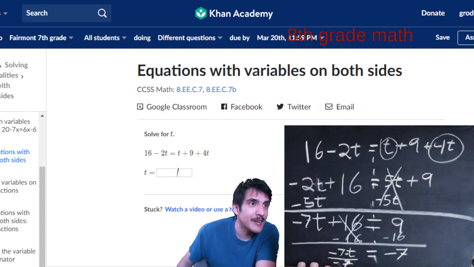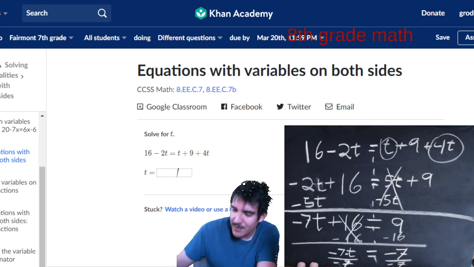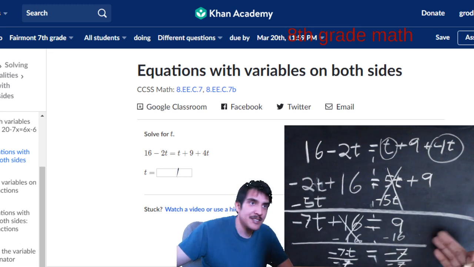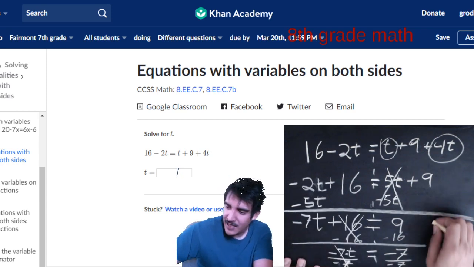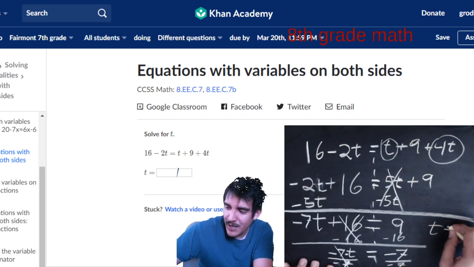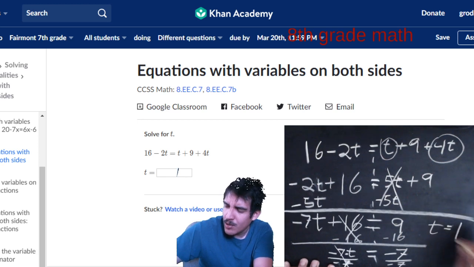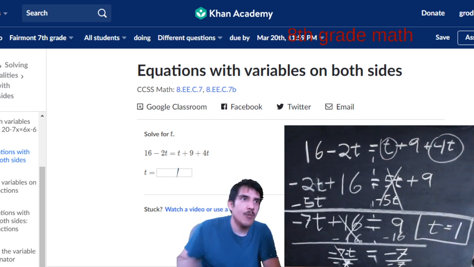So that's divided by negative 7, divided by negative 7, and I'll write my answer right over here. We are left on the first side with 1t, and on the second side, negative 7 divided by the same thing, negative 7. Anything divided by itself will always equal 1. Okay? And so you get t equals 1.